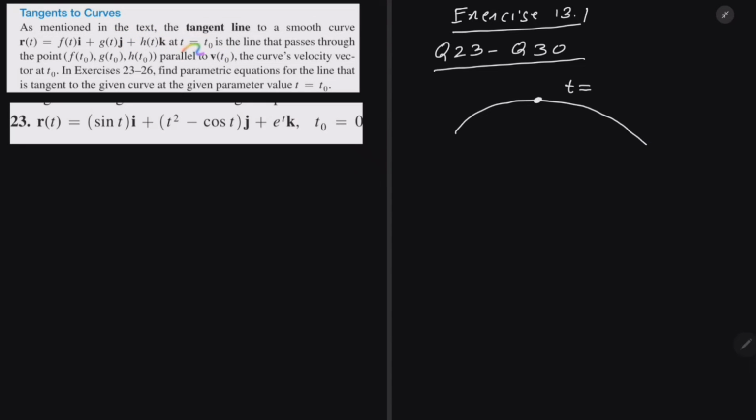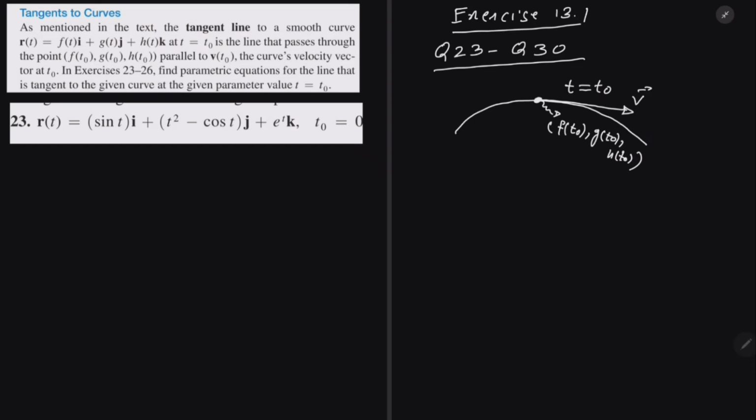In this question, there is a t which is t naught, and the line passes through the point f of t naught, g of t naught, h of t naught, which is parallel to the vector. When we take a derivative of the position vector, we get a velocity vector or tangent vector.